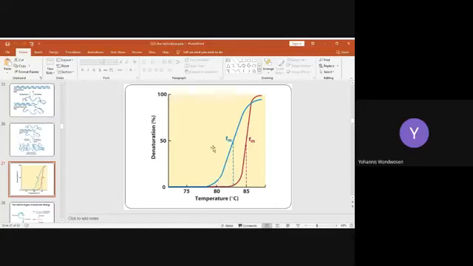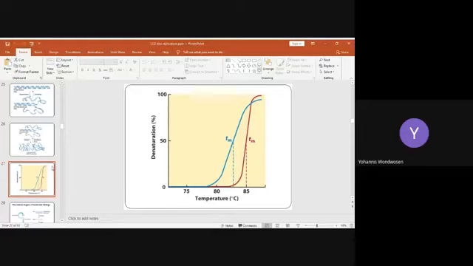It's unquestionable because the average melting temperature is around 84. However, the red line indicates the melting temperature is increased up to 87, or 85 on average.